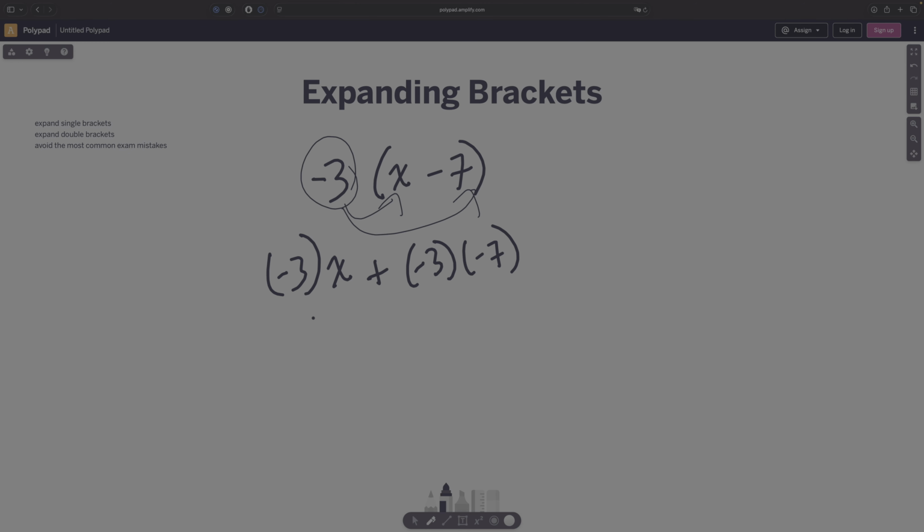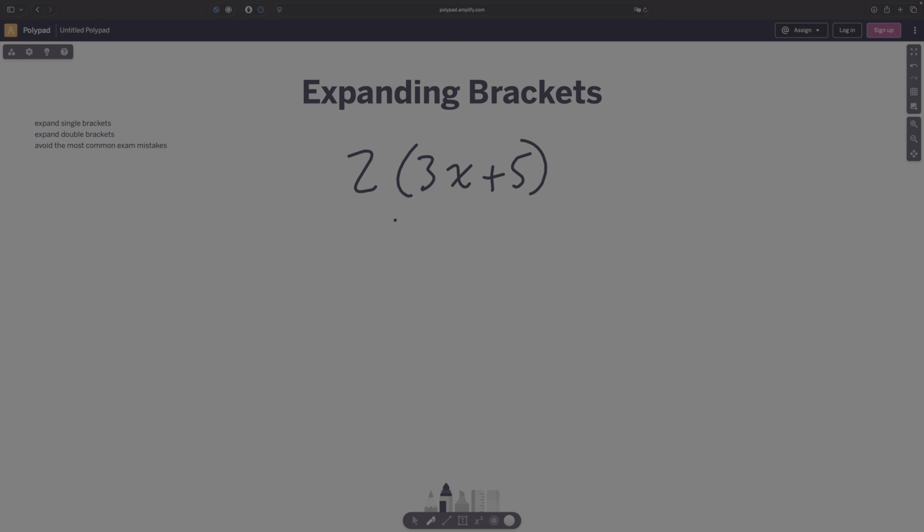So negative 3 multiplied by x is just negative 3x. Negative 3 multiplied by negative 7, well, that's 21. Why is it positive? Because a negative multiplied by negative is always a positive number. So negative 3x and positive 21, so that's negative 3x plus 21.